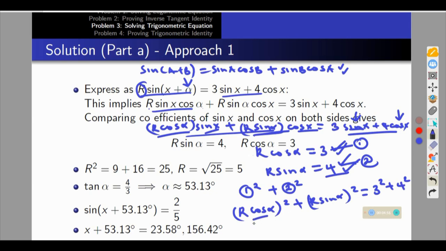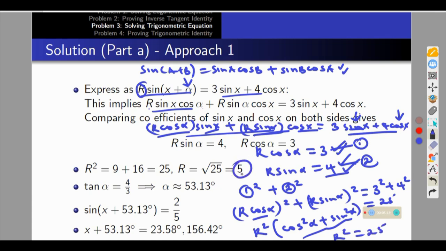Looking at this, r squared is common: r squared times cos squared alpha plus sin squared alpha, which is equal to 25. This gives us 1, meaning that r squared is the same as 25, and this will give you r as 5.